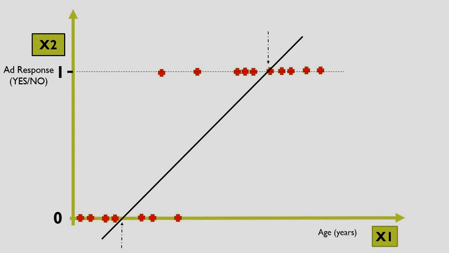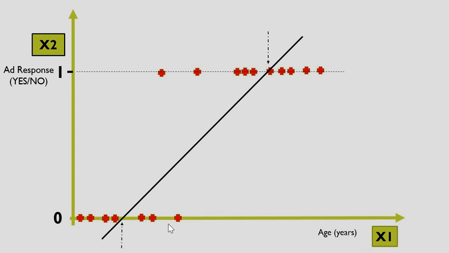So let's try to understand the way our points are scattered. Our data set is exhibiting some kind of pattern. We can see here, as you can notice, that whenever the age of a person increases, there is a high chance that they will actually respond to an advertisement.